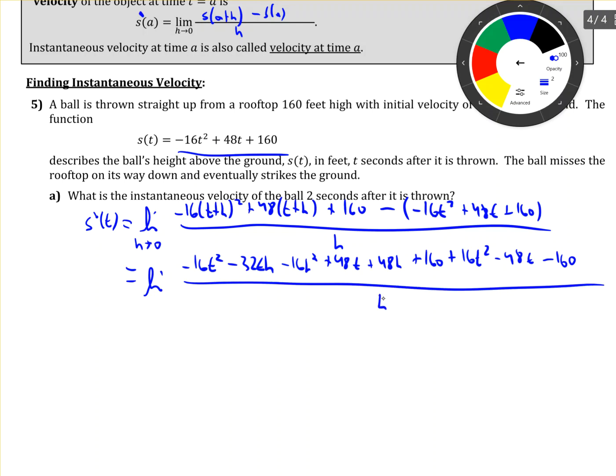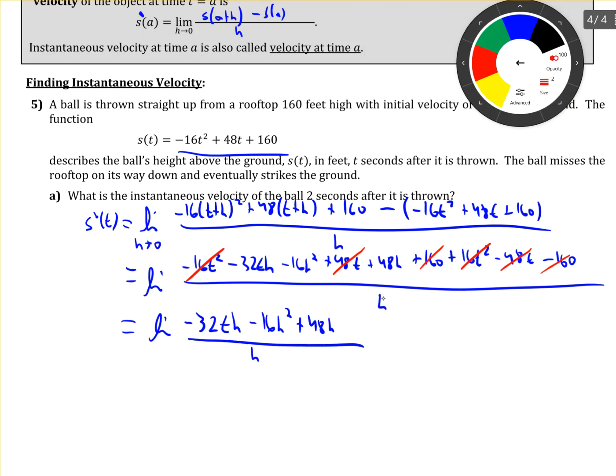Now again, that looks super long and super complicated, but luckily what's going to happen is minus 16t squared plus 16t squared, plus 48t minus 48t, plus 160 minus 160. And you should get lots of cancellation like that on all these. So I get minus 32th minus 16h squared plus 48h, and that's all over h.